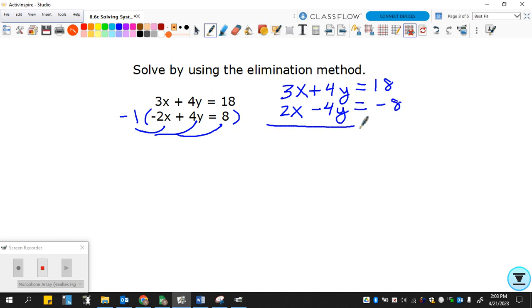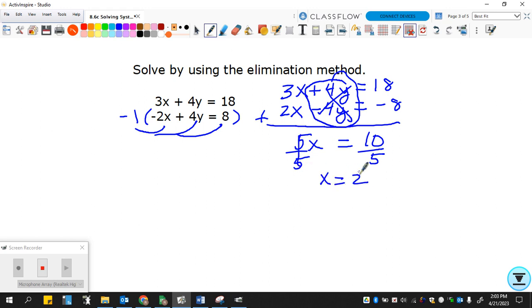Now, you can see here we have a positive 4y and a negative 4y, so those cancel out. So we add: 3x plus 2x is 5x is equal to 18 minus 8 is 10, divided by 5, and x is equal to 2.